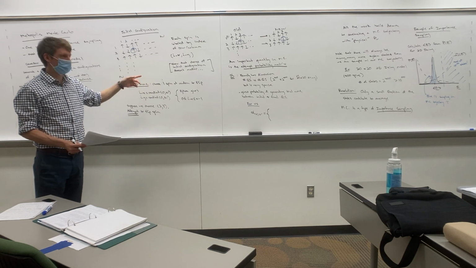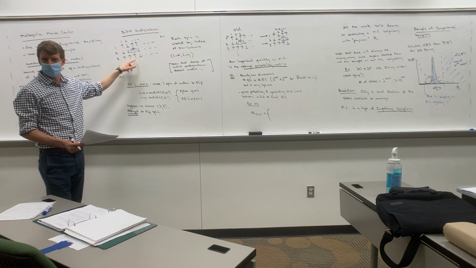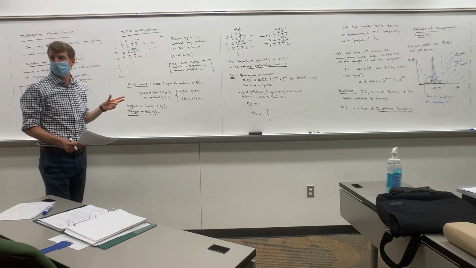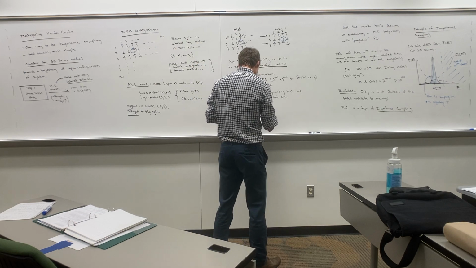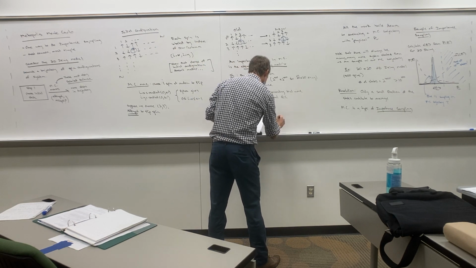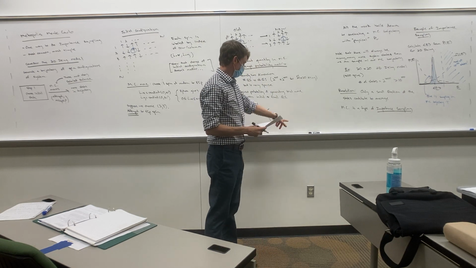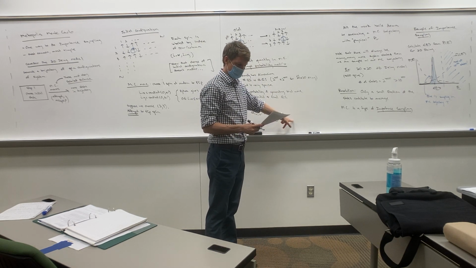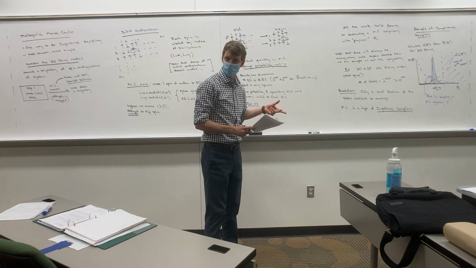So alpha is going to be 0 if my initial and final states differ by more than one spin flip. Does that make sense? Let me write that down first. And it's going to be something if they're connected by one spin flip.